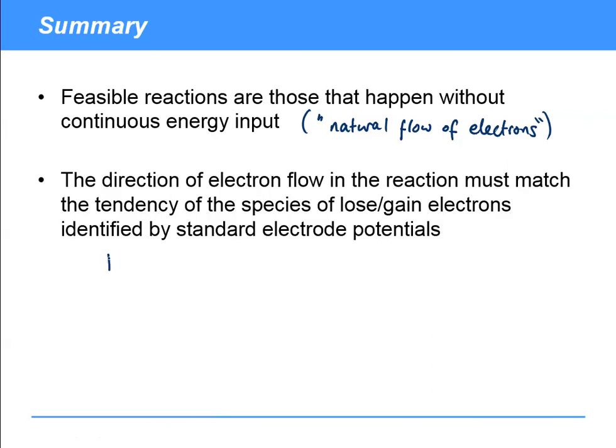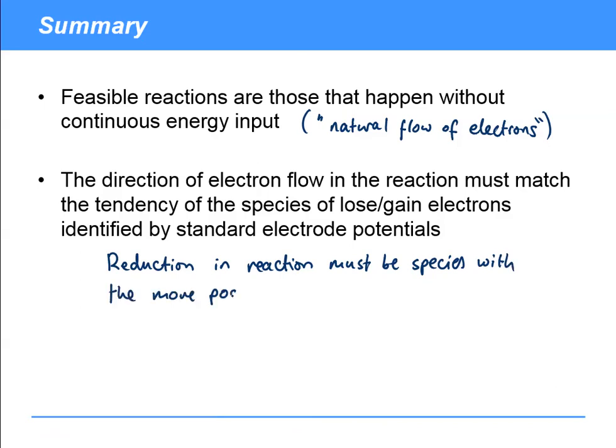In other words, reduction in the reaction must be the species with the more positive standard electrode potential value, and the reverse is true. Oxidation must be the species with the more negative electrode potential value.